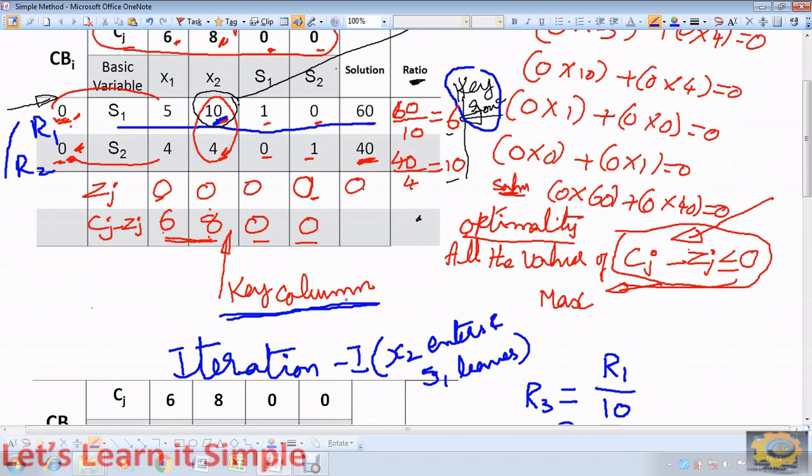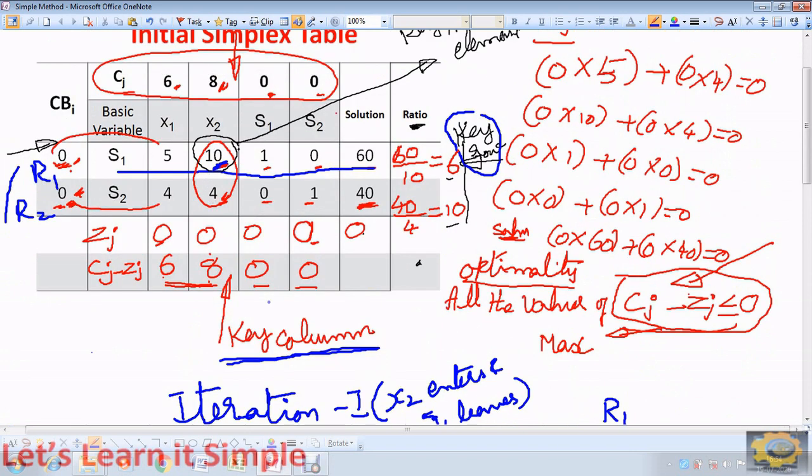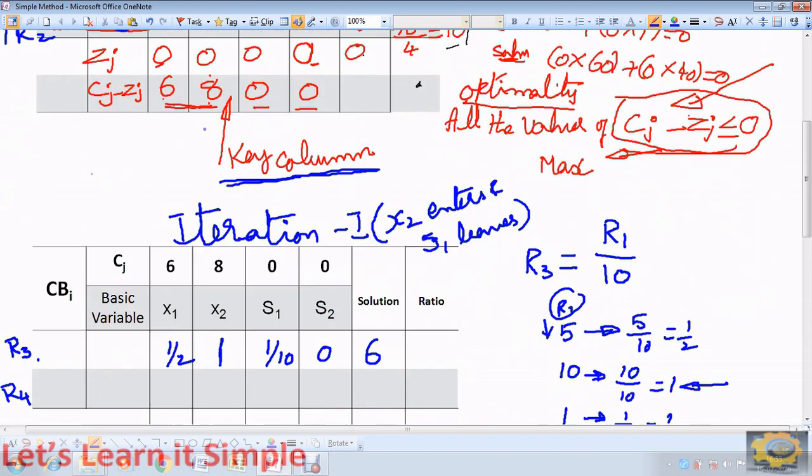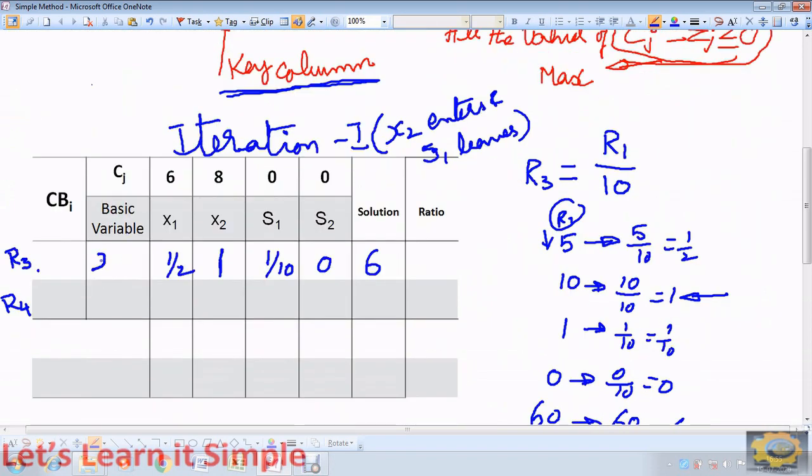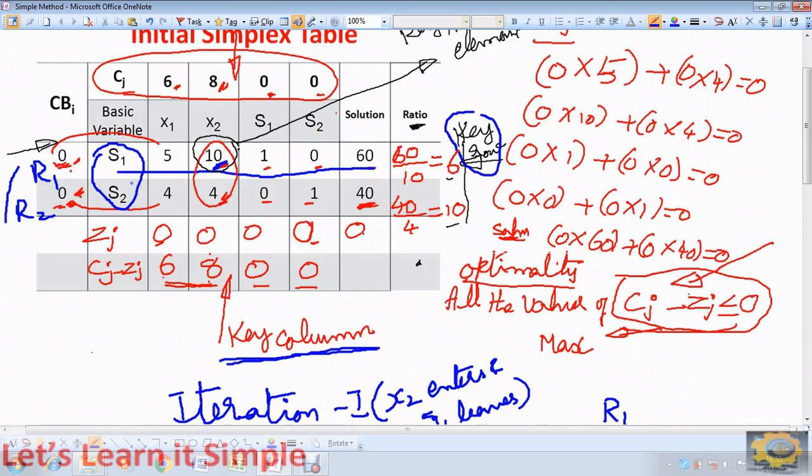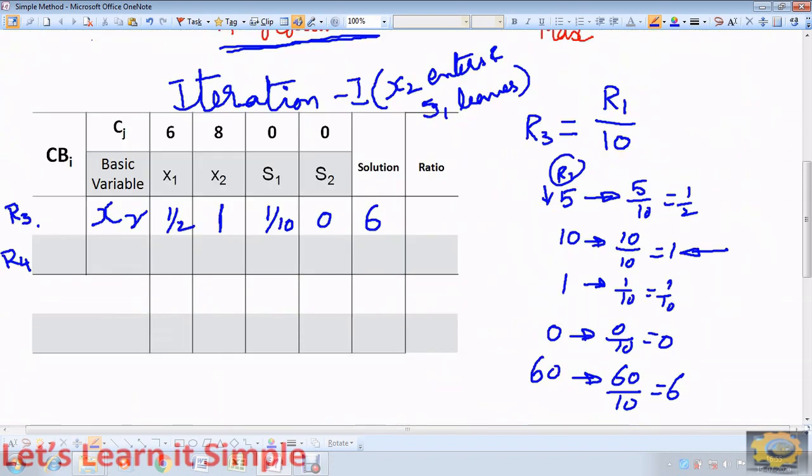If you look at the initial iteration, the key column is x2. Therefore, x2 will be entering the solution. Initially, we made s1 and s2 the basic variables. Now, the key column is x2, therefore x2 will enter the solution. What will leave here? S1 will leave the solution. So S1 goes, and here we have S2.